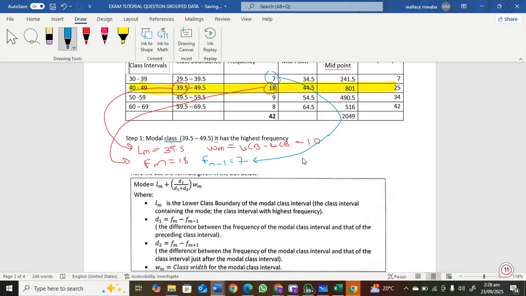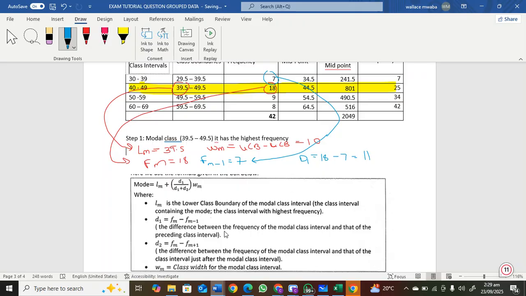So D1 equals 18 minus 7. That gives us 11.